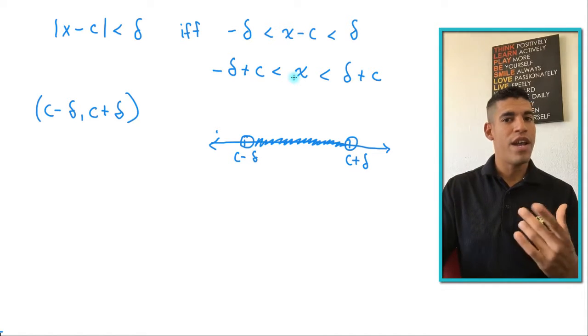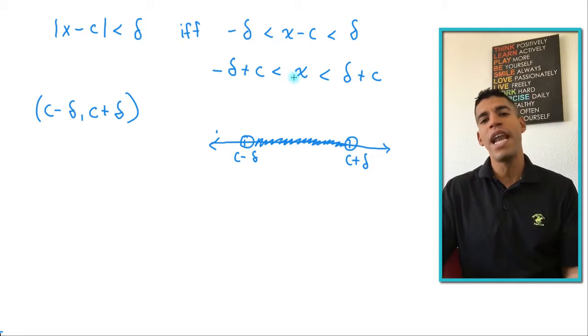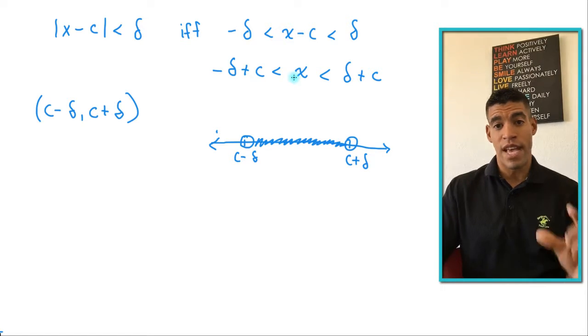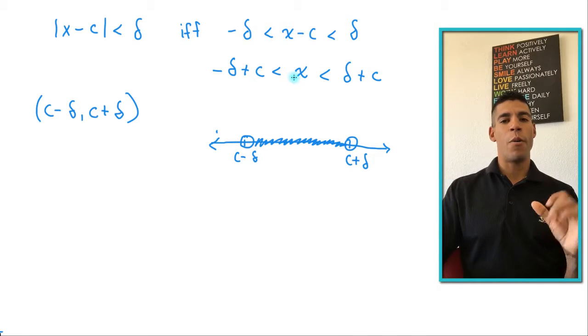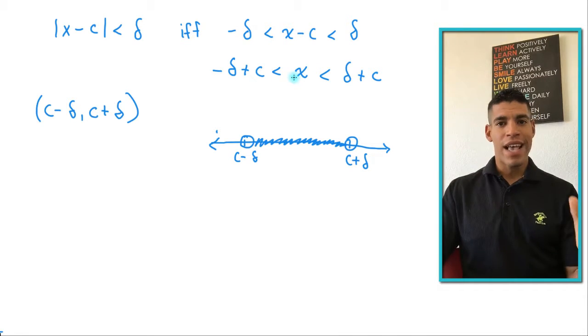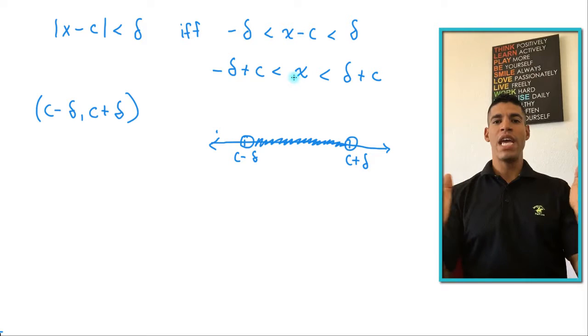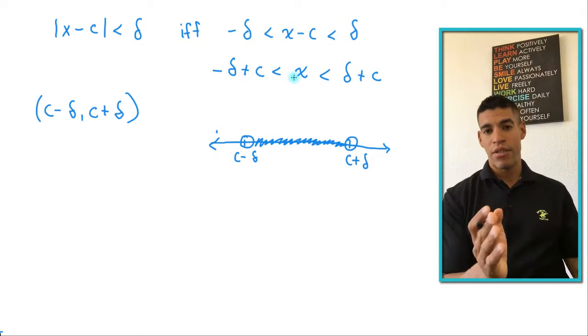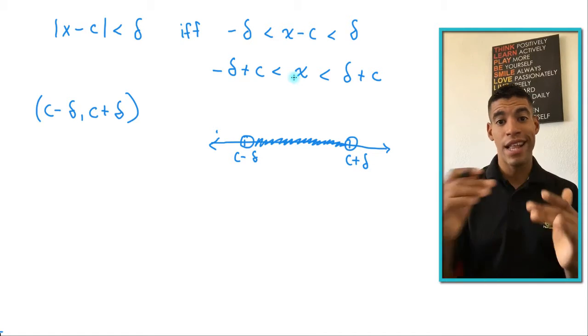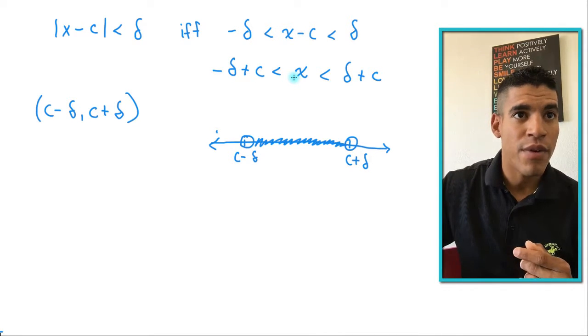It's not a variable. Not like x. X can be anything between them, but c is fixed. C is just one number. Okay? So this delta gives me a range or a distance between c and to the right of c and to the left of c. Right? Because c sits in the middle. C is right here.